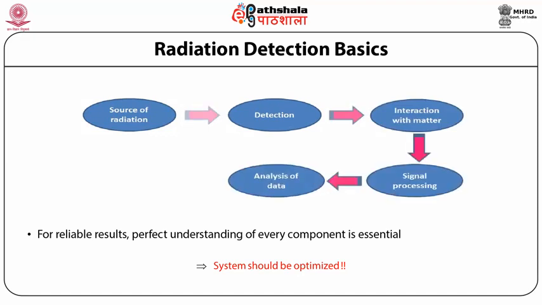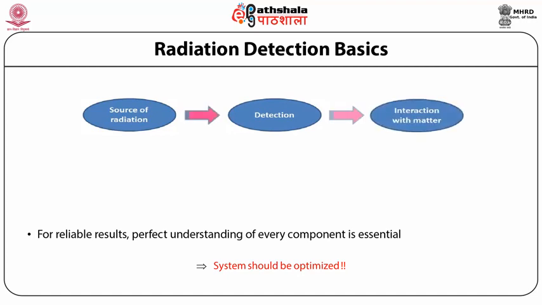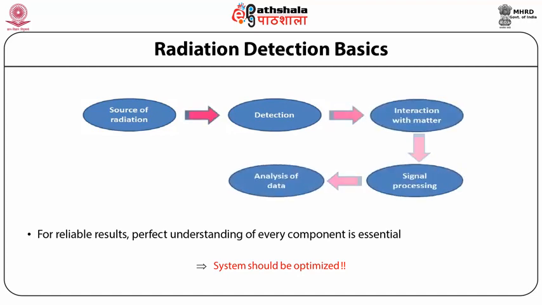Then radiations are detected by detectors placed around the setup or around the source. Detection of radiation is through the interaction with matter. Depending upon what kind of radiations are there, they interact with the matter of the detector and give some meaningful signal, which can be either voltage or current.